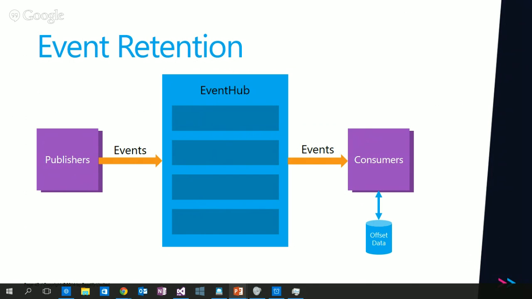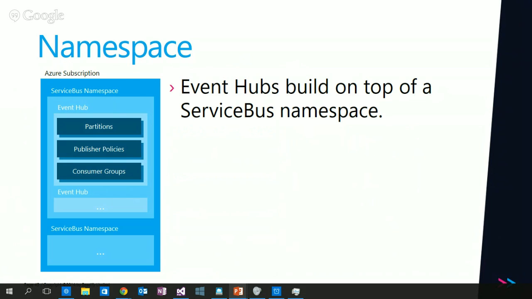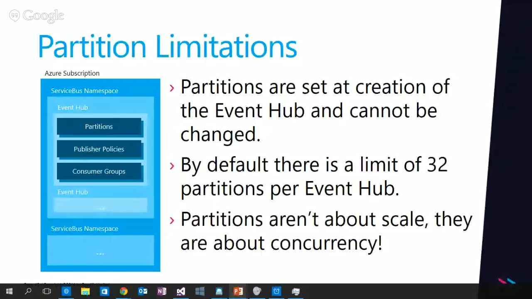So let's talk about those core concepts, because that might answer a couple of those questions. An event hub sits within the service bus namespace, and it's made up of partitions, publisher policies, which is the security, and consumer groups. When you create an event hub, the partitions are set and they can't be changed. By default, there's a limit of 32 partitions, but you can get that limit raised.